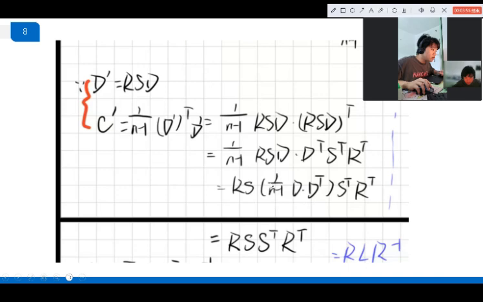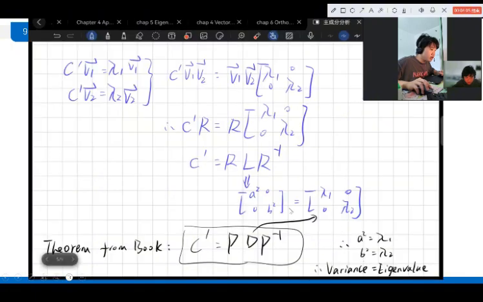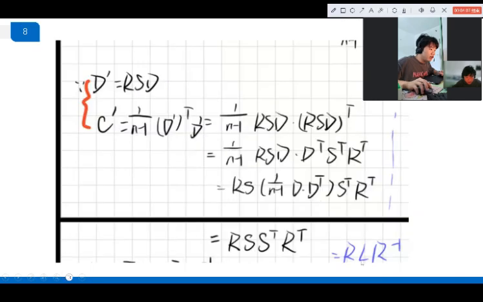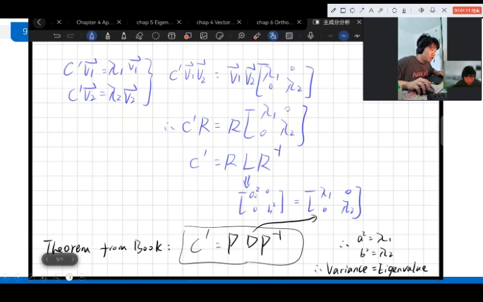Luckily, we got the same form here, where L equals S times S transposed, which is a squared and b squared, and this L is the eigenvalue. So the variance equals the eigenvalue.